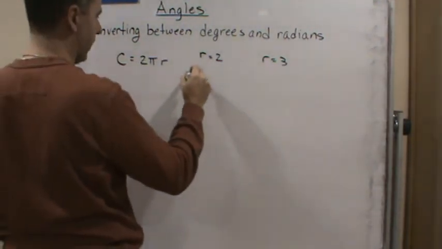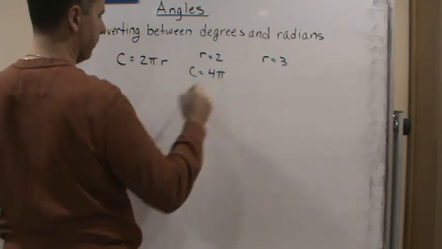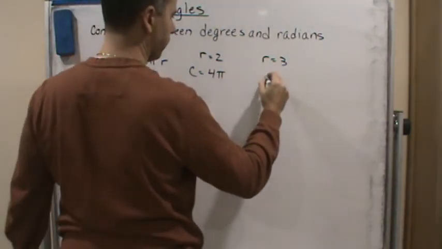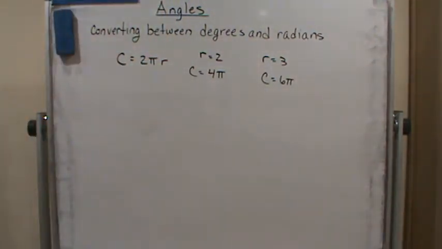In this case here, we've got a circumference that is equal to 4 pi. And here we've got a circumference that is equal to 6 pi. And now we're going to consider a 45-degree angle.